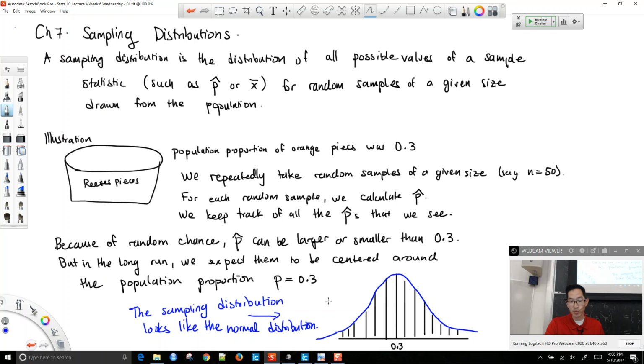All right, so I'm hoping this looks familiar. We're kind of reminded of what we did on Monday. As far as this class goes, we're going to say it looks like the normal distribution, so we'll call it the normal distribution, or we can approximate it using the normal distribution.